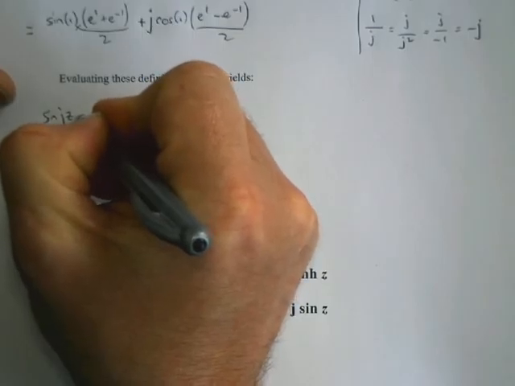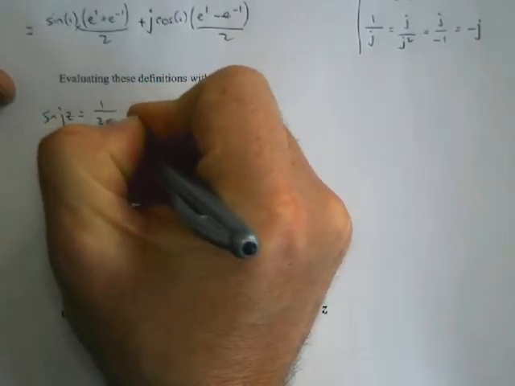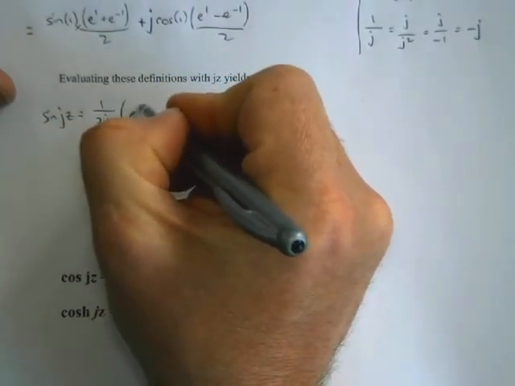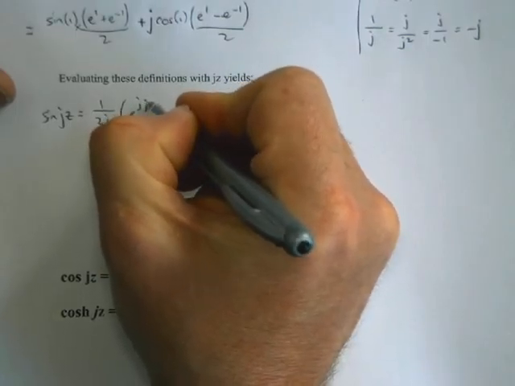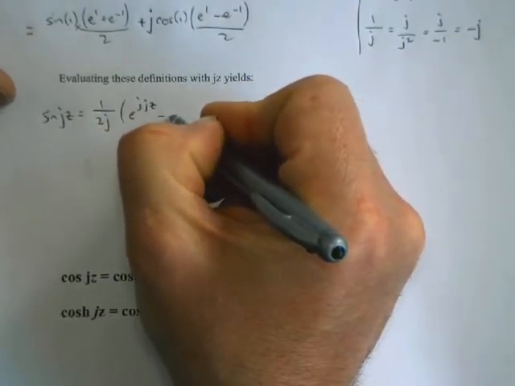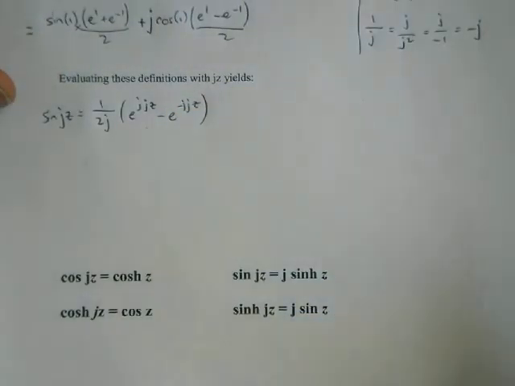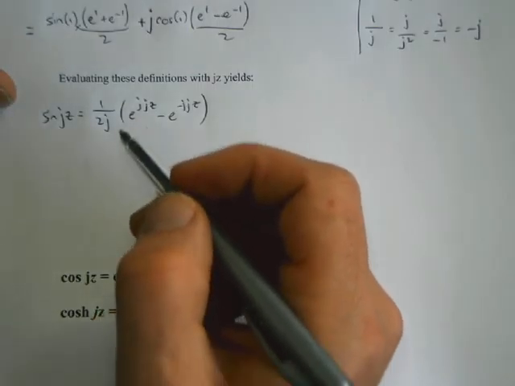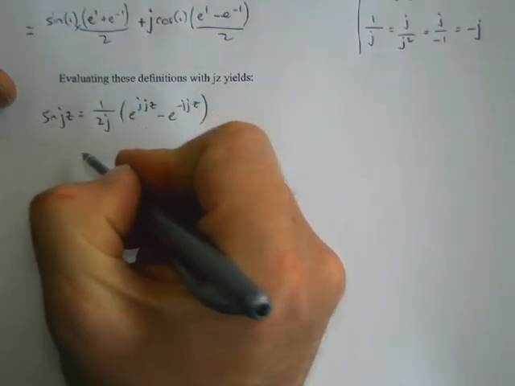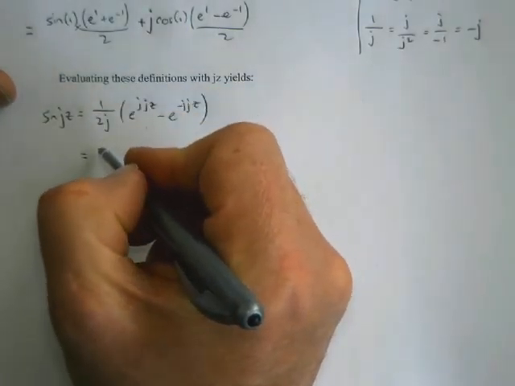sine of jz equals 1 over 2j e to the j times jz minus e to the minus j times jz. Okay, so I've just replaced each of the z's with a jz, and now I'm just going to sort this out in terms of getting rid of as many of the j's as I possibly can.